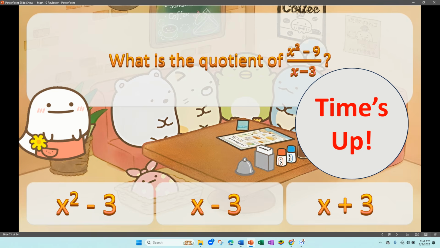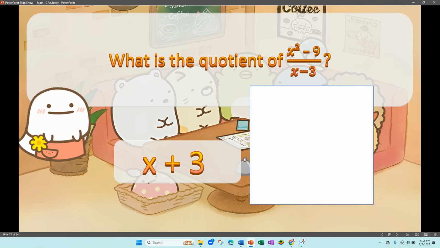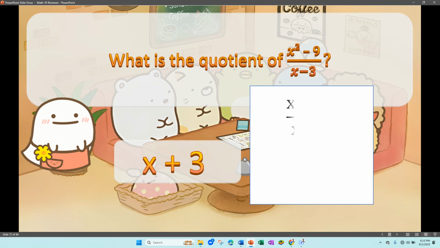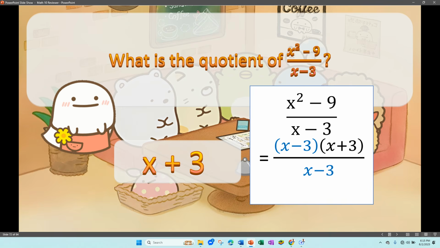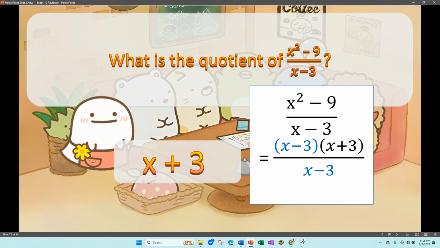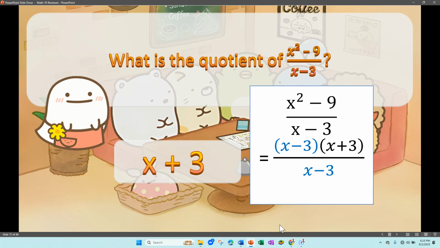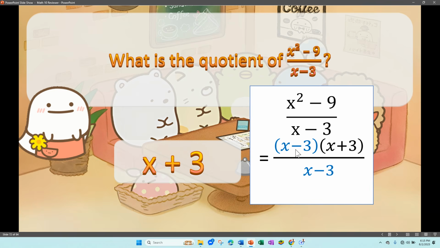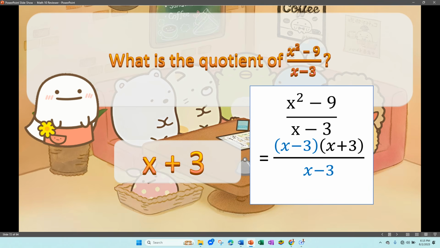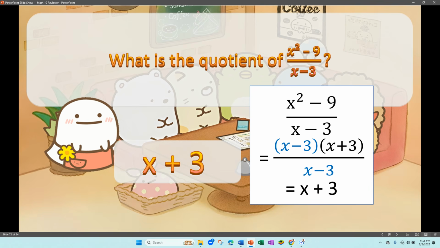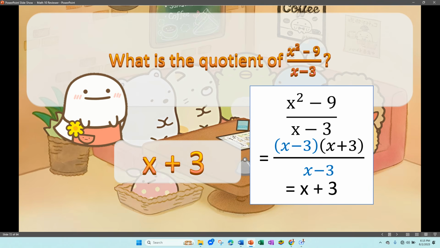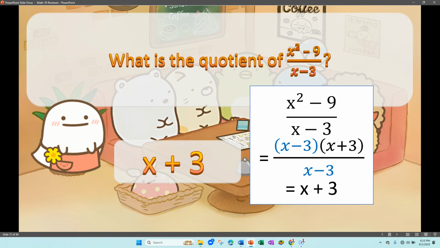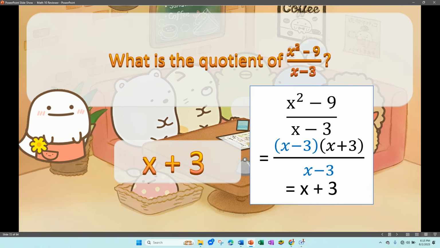Kung makikita po natin yung numerator natin, pwede po nating ma-factor yung x squared minus 9. And that is x minus 3 times the quantity of x plus 3. Then we will do the cancellation, since common po yung x minus 3 na nasa taas at yung x minus 3 na nasa baba. So yung matitira na lang po is x plus 3 and this is the final answer. Or pwede din na gumamit ng long division or synthetic division.